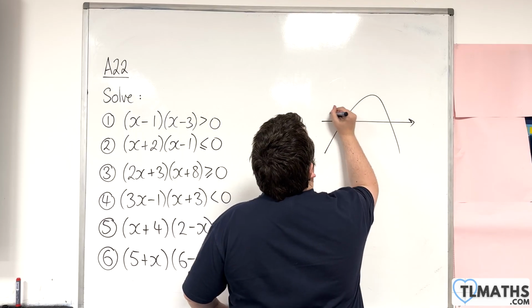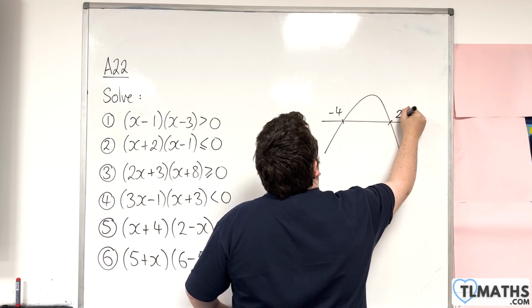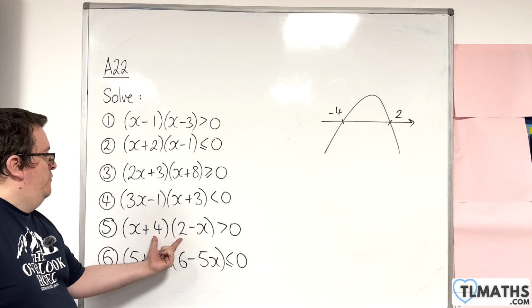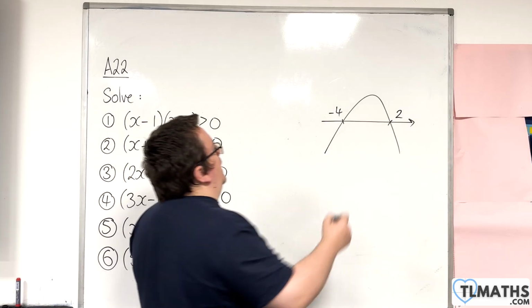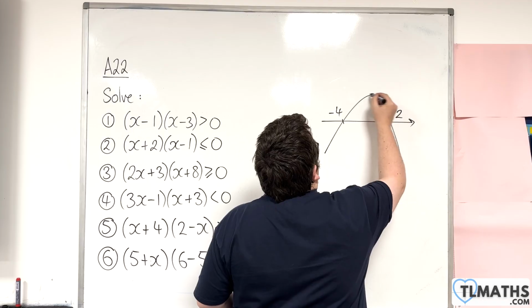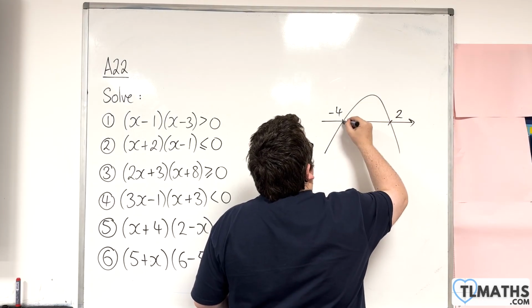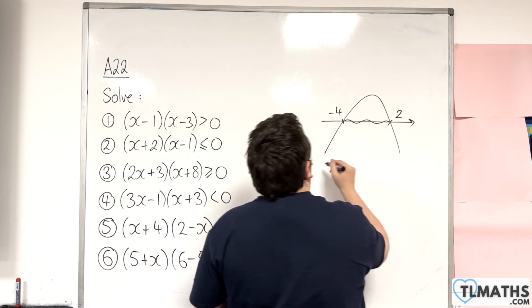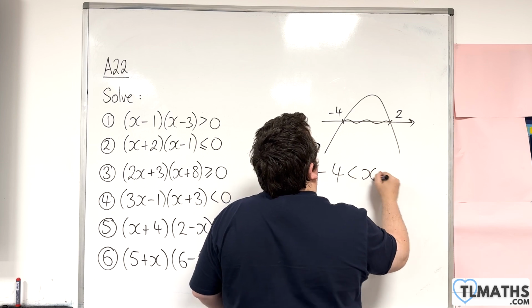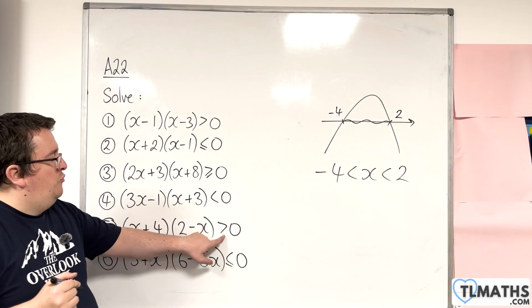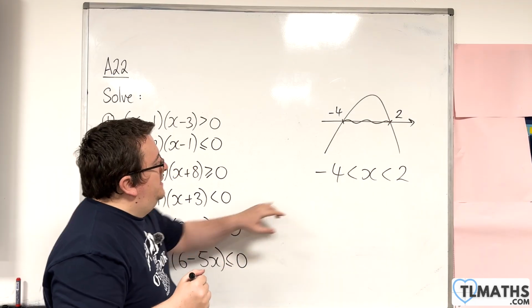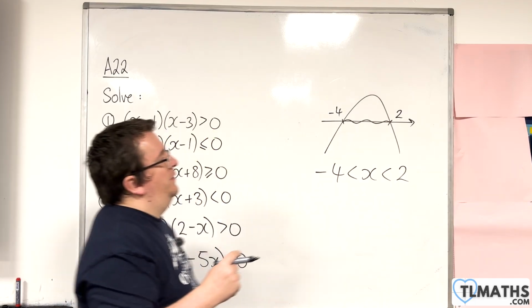So minus 4 and 2. Where is the parabola above the x-axis? It's above the x-axis there for this shaped parabola. So it is between these two values that solves the inequality. And strict inequality there, so strict inequality, strict inequality.